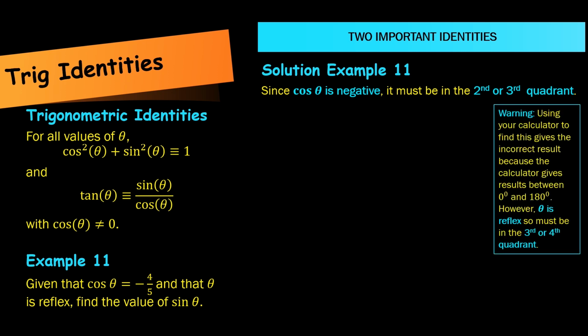When using your calculator to find this, it gives the incorrect result because the calculator gives you results between 0 degrees and 180 degrees. However, theta is reflex, so it must be in quadrant number 3 or number 4.